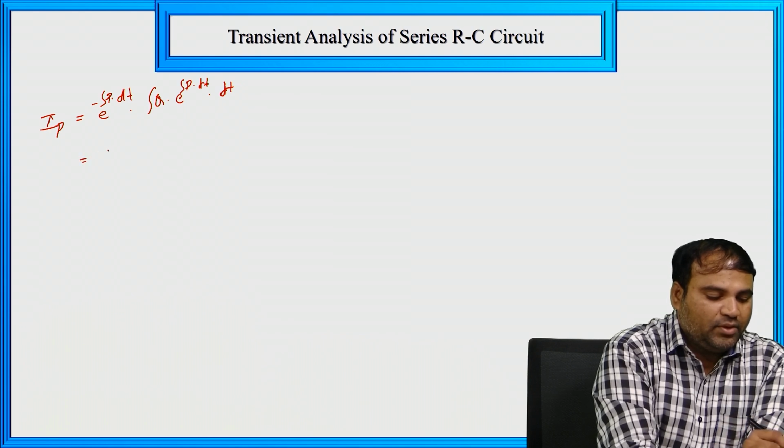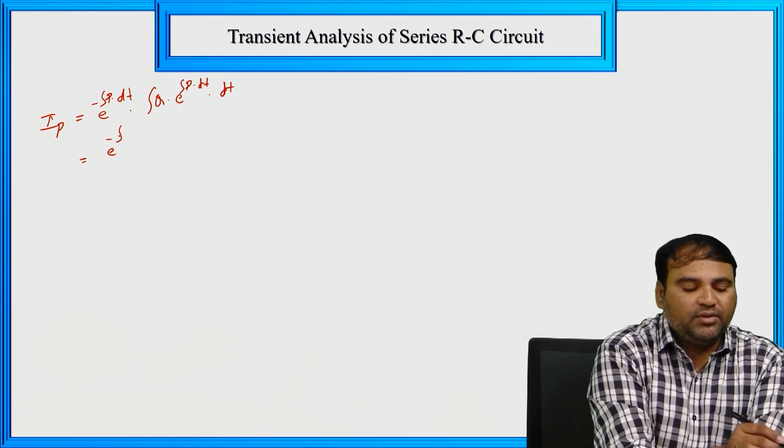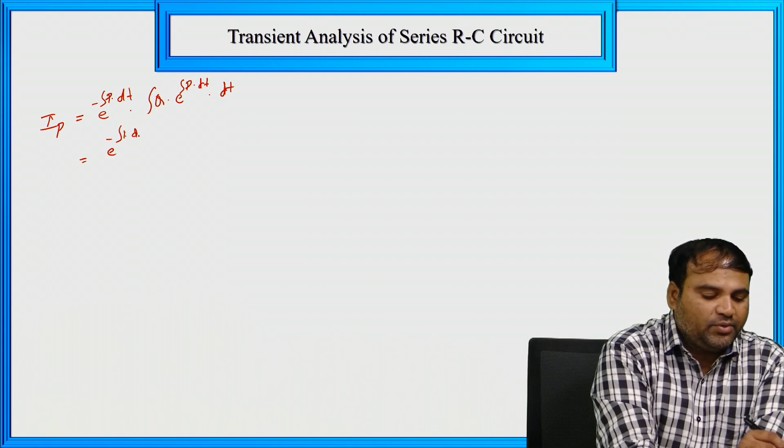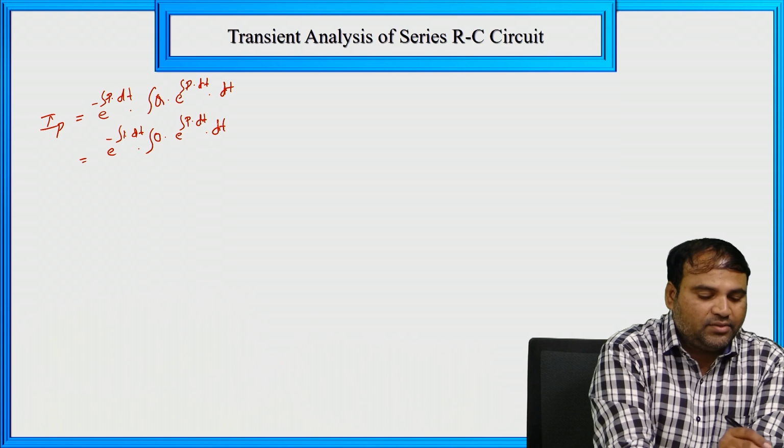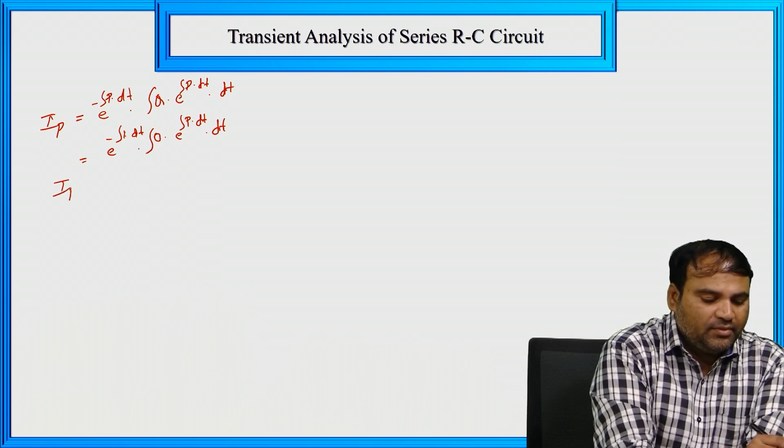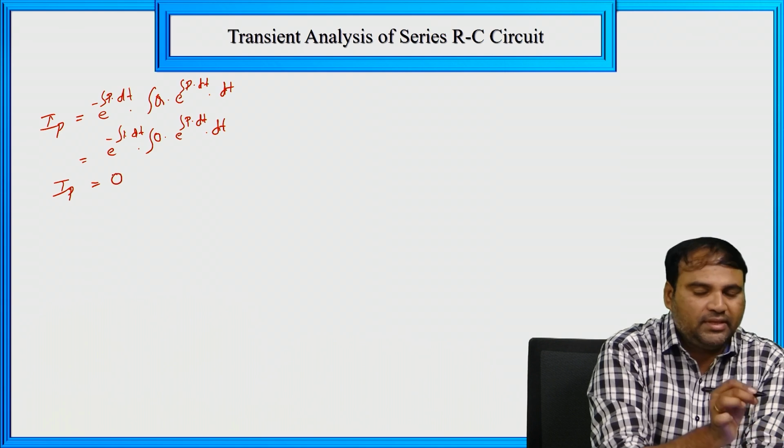What is the p value? 1. So e power minus 1 into dt, into integral of q, where the q value is 0, into e to the power of p dt into dt. So here 0 is there, the entire term will be 0, and IP is equal to 0.